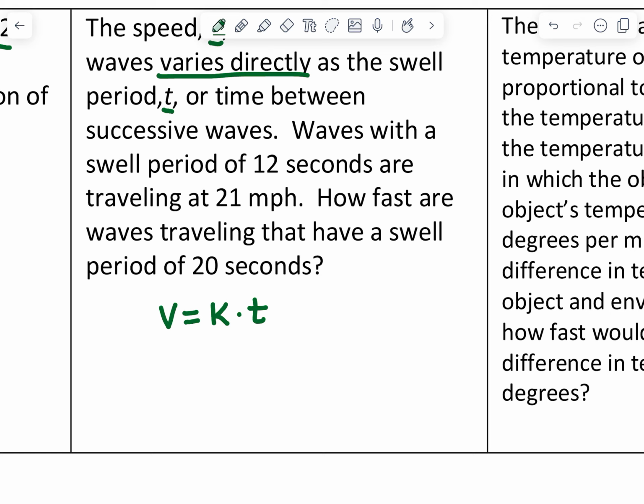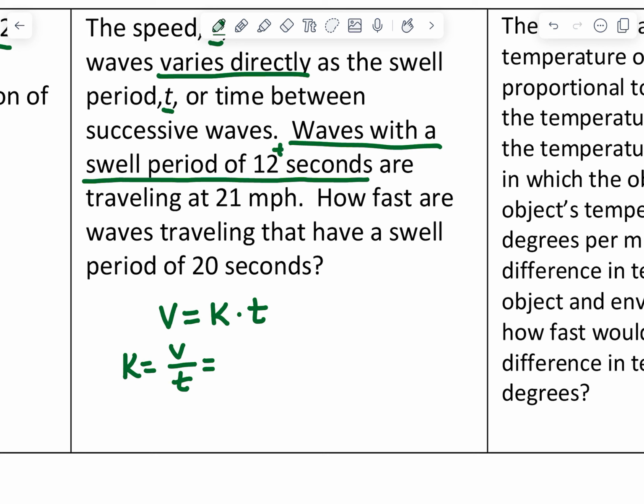With this equation, we can then isolate k to solve for our variation constant. That would make k equal to v divided by t. Remember, we're just dividing both sides by t to get k by itself. Let's look at the second part of this problem. It says waves with a swell period of 12 seconds, remember, that's our t, are traveling at 21 miles per hour.